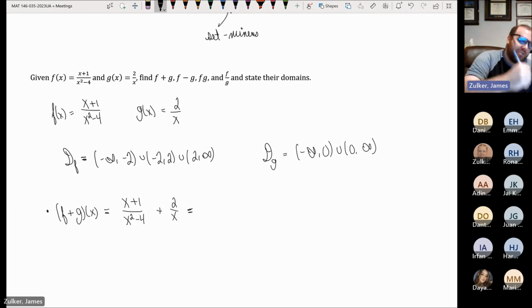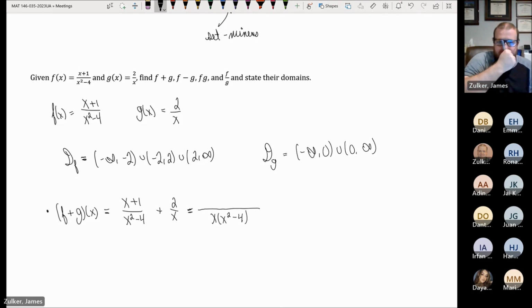We need a common denominator. So the first term of our numerator is going to be x squared plus x. The second term will be 2x squared minus 8. Right?